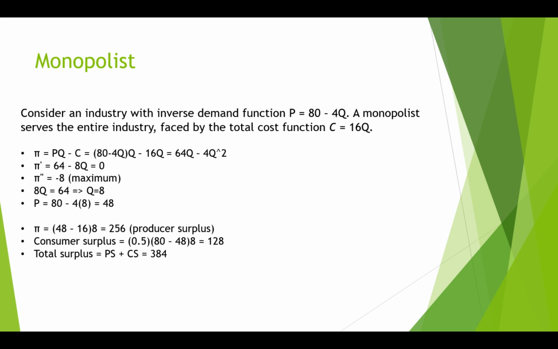The monopolist profit is worked out by multiplying price times quantity minus marginal cost times quantity, and consumer surplus is the area between the demand curve and the price level on the y-axis, that triangle there. And then total surplus is calculated by adding producer surplus, the profit, and consumer surplus.